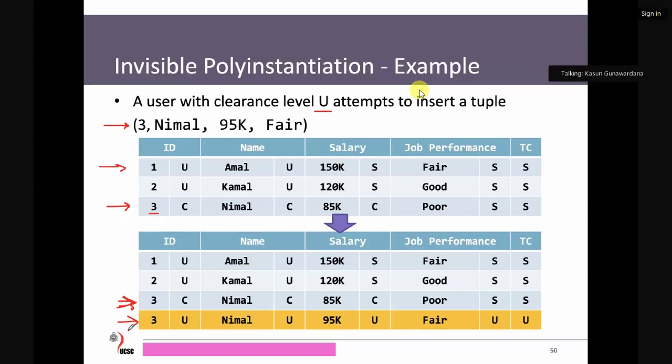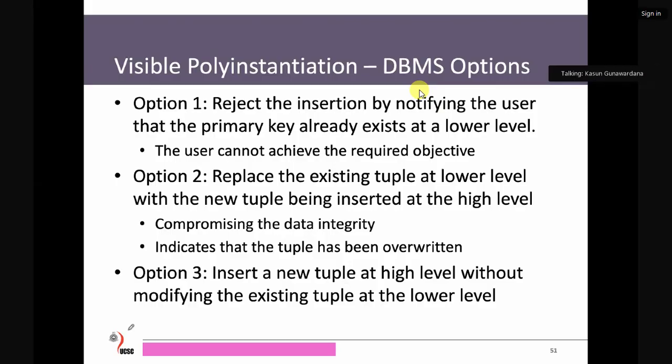So this is called invisible polyinstantiation because the user doesn't see both versions. The second version is visible polyinstantiation, where a higher level user attempts to write to the database where the same apparent key exists at a lower level.